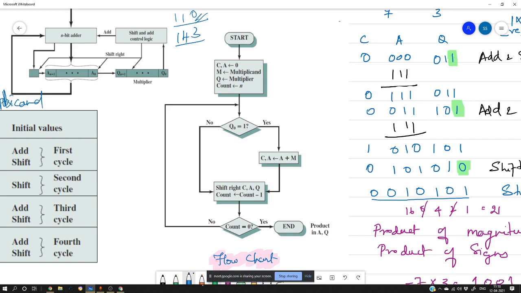So n is equal for both multiplicand and multiplier. We are not going to compare the number of bits; instead, we make it common as n and store it in count here. I hope this part is clear. So this is the initialization part: initialize the carry bit and the accumulator with 0.